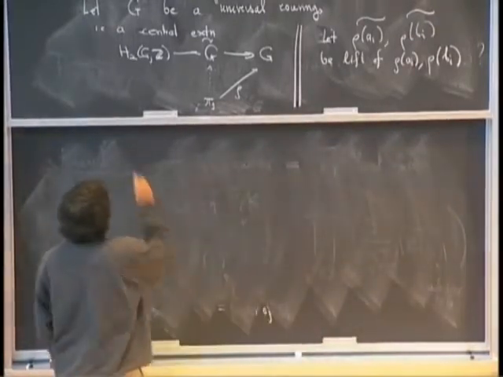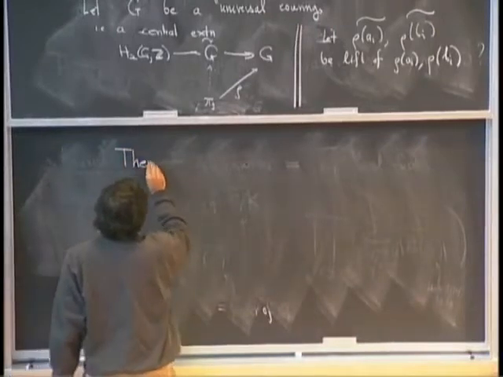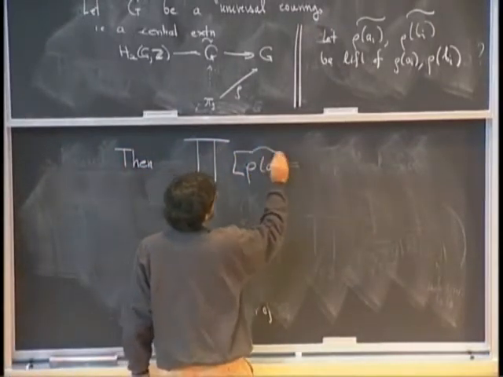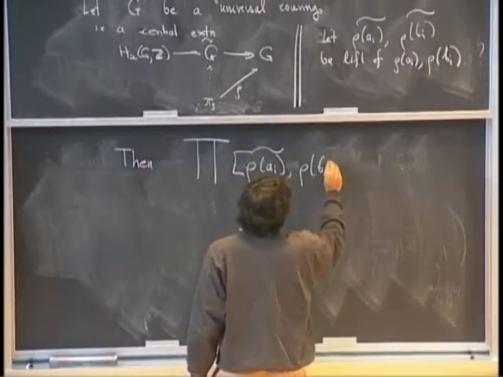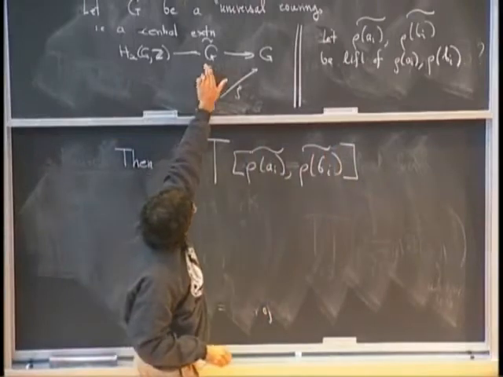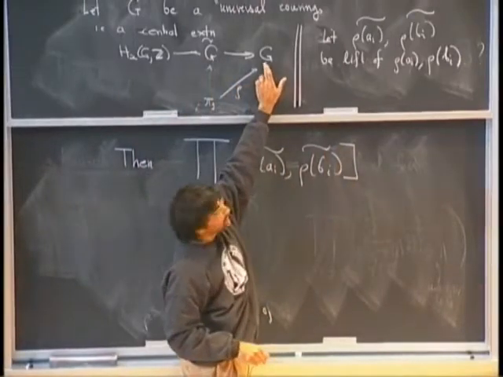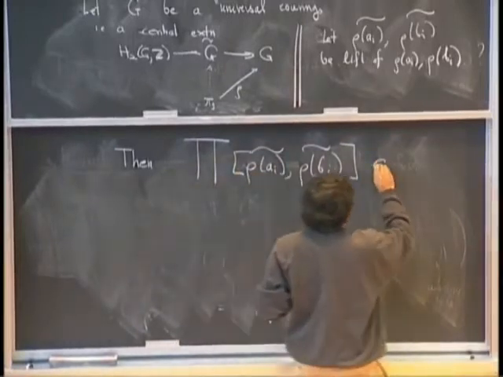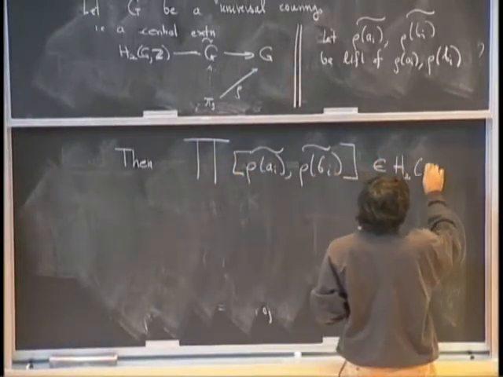The product of all the commutators is an element of G tilde, but it maps to the identity in G. So this has to live in H2 of G, C, and it's independent of choices.